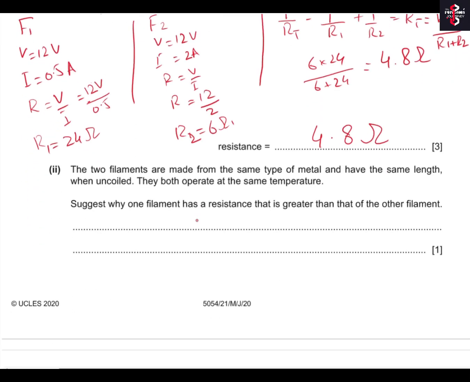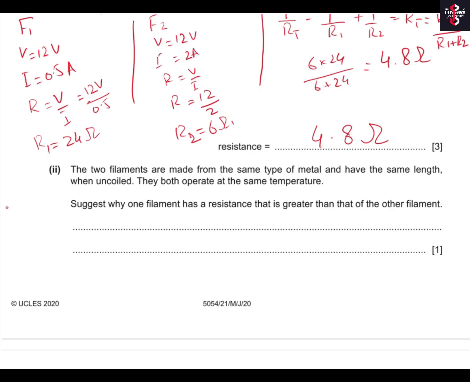The other part says the two filaments are made from the same type of material and have the same length when uncoiled. They both operate at the same temperature. Suggest why one filament has a resistance that is greater than that of the other.